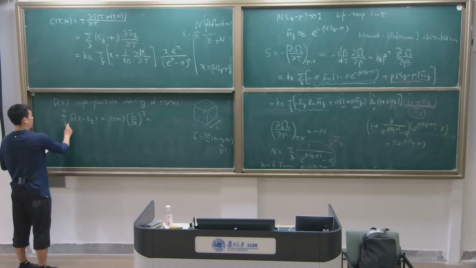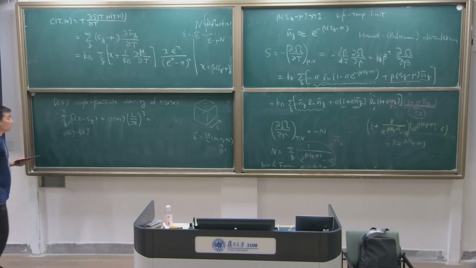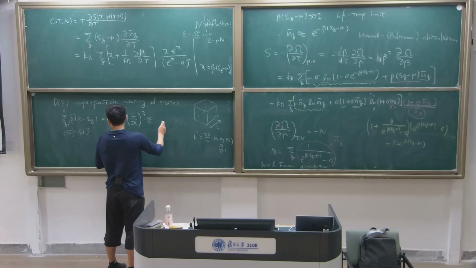Here you insert delta k, and then one over delta k.